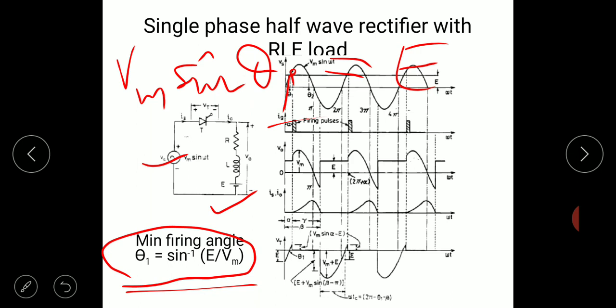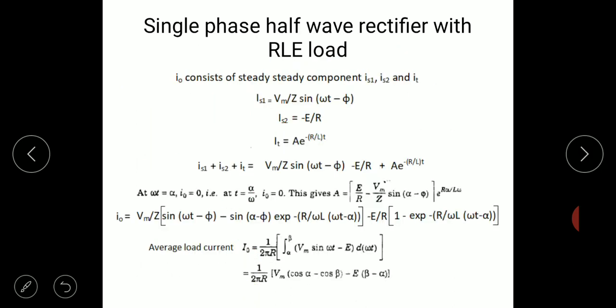And the transient component, as we have seen in the series RL circuit, will come in the form of A e to the power of minus t by tau. It is a general expression. If we take Ri plus L di by dt equal to 0, its solution becomes some constant into e to the power of minus t by tau. So we have the first steady state component, the second steady state component and the transient component.